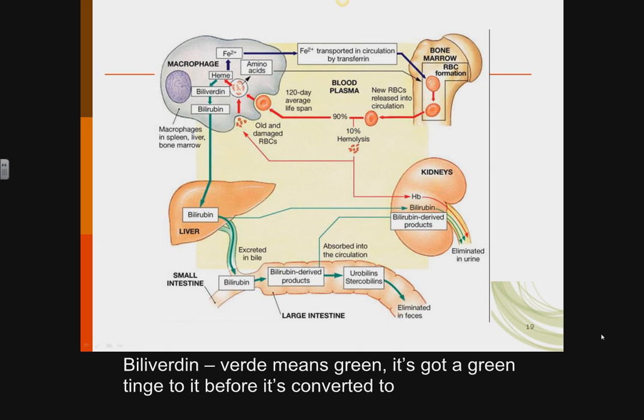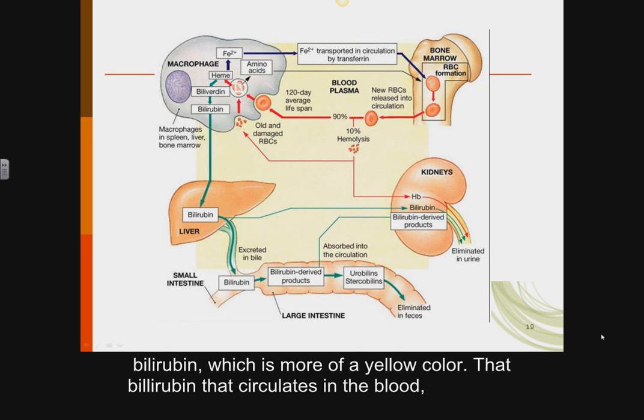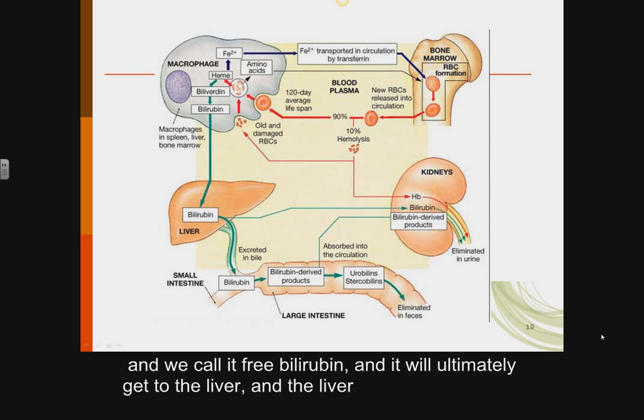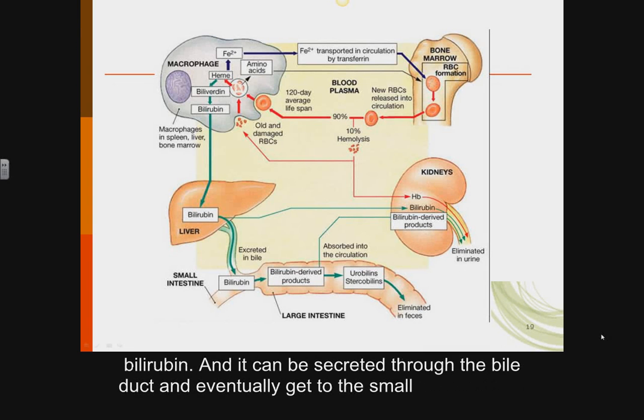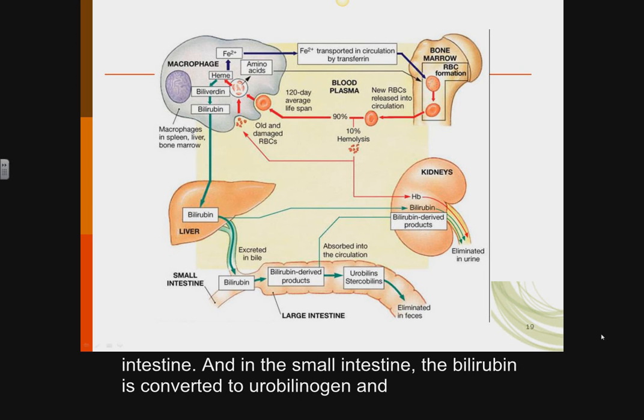It's got a green tinge to it before it's converted to bilirubin, which is more of a yellow color. That bilirubin then circulates in the blood, and we call it free bilirubin, and it will ultimately get to the liver, and the liver hepatocyte cells will conjugate it with glucuronic acid, and now we call this conjugated bilirubin. And it can be secreted through the bile duct and eventually get to the small intestine.